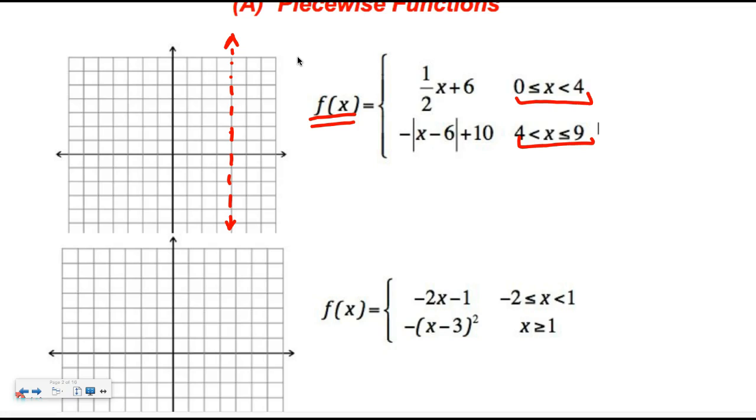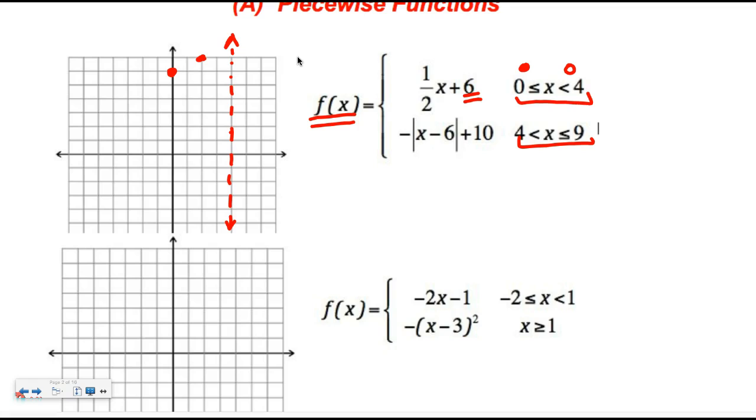All right, so a half x plus 6 is just a line, so we're going to graph that. We're going to do a solid dot at 0 because of the equality, the less than or equal to, and an open dot on the boundary. So when I go graph that line, I think I'm just going to use its y-intercept. So I'm going to go up to 6 on the y-axis, 1, 2, 3, 4, 5, 6. And I think I'll just use the slope to go up 1 over 2.